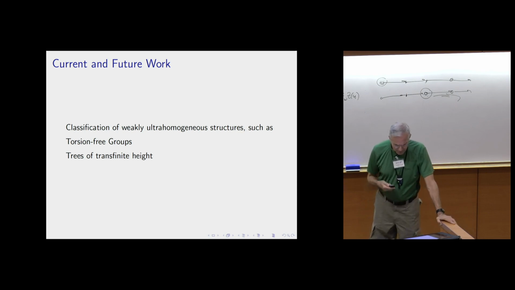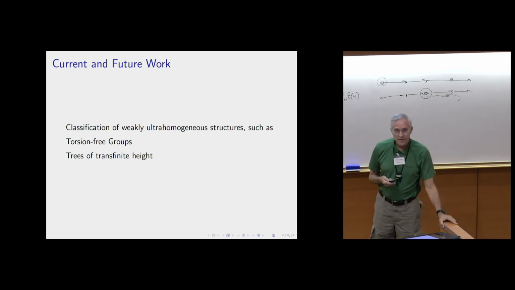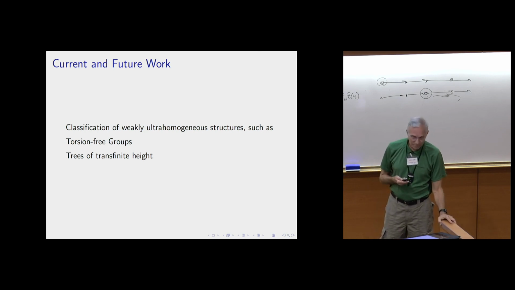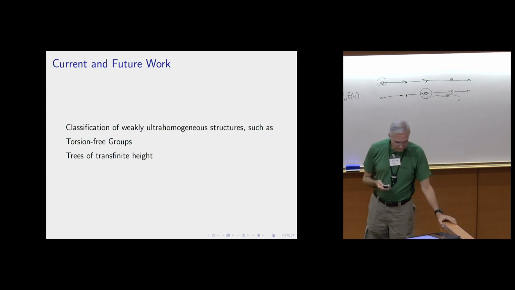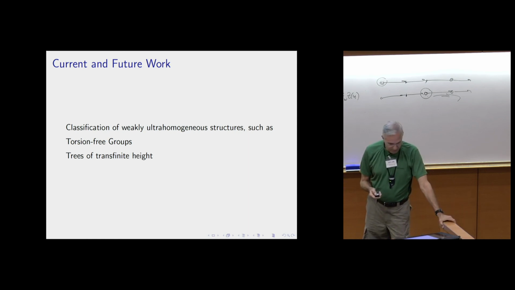And in talking with my student, we want to possibly extend the notion of these trees to trees of transfinite height, which is a set theoretic construct, since he also is interested in set theory. You can imagine trees of transfinite height, and we are interested in doing that. So that's where we're at, and other structures as they appear.